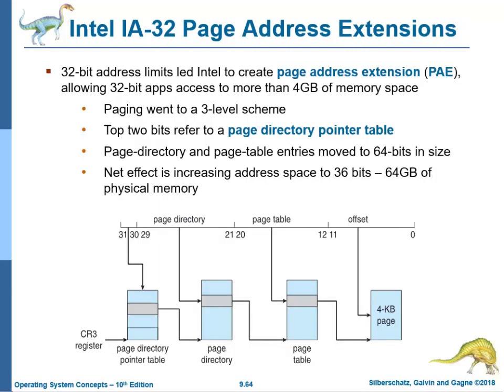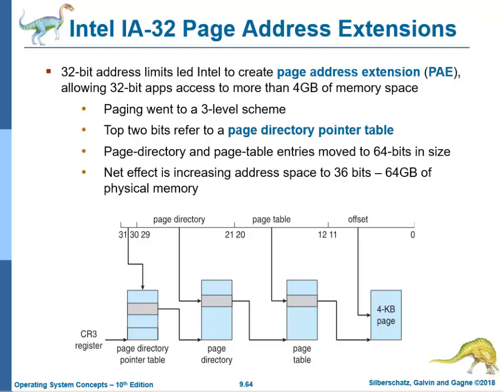As software developers began to discover the 4 GB memory limitation of 32-bit architecture, Intel adopted the page address extension, PAE, which allows 32-bit processors to access a physical address space larger than 4 GB.